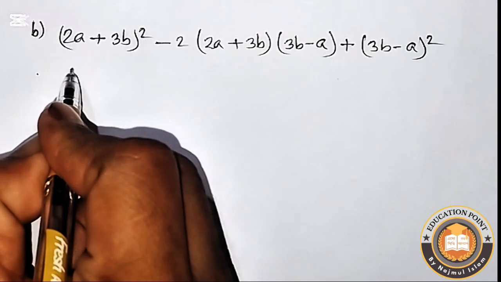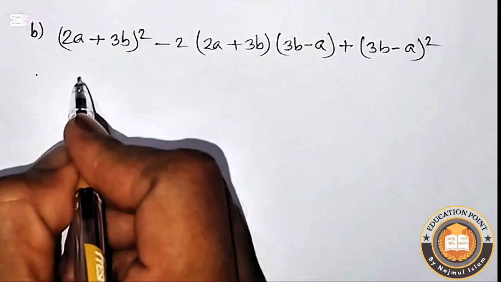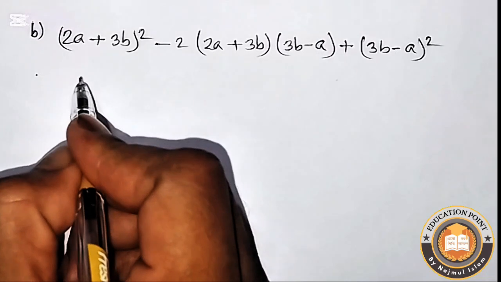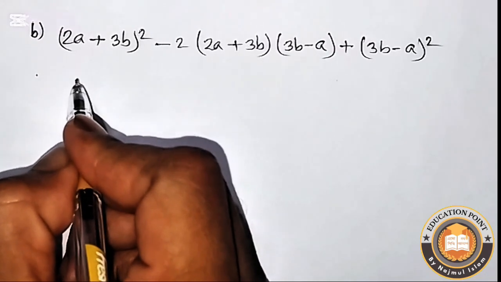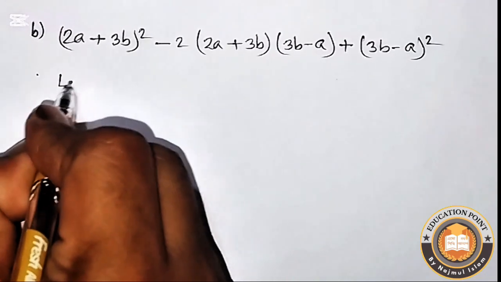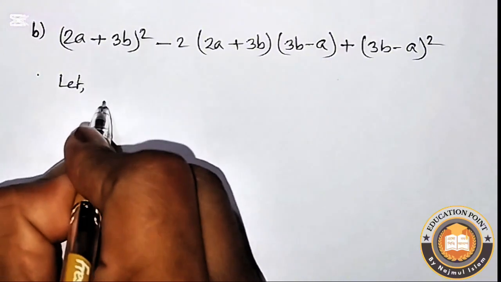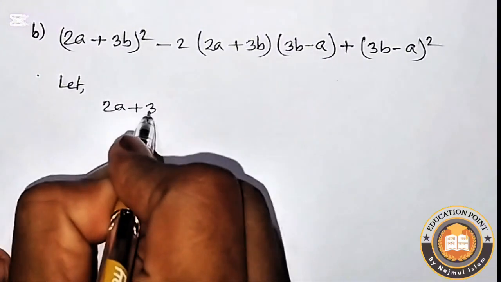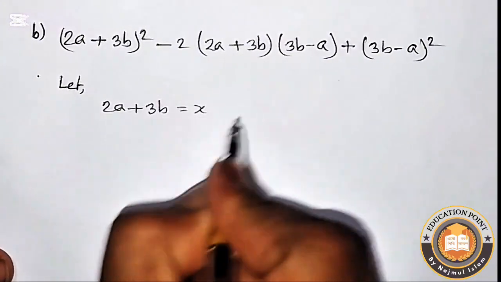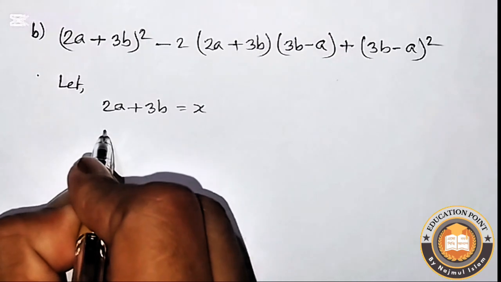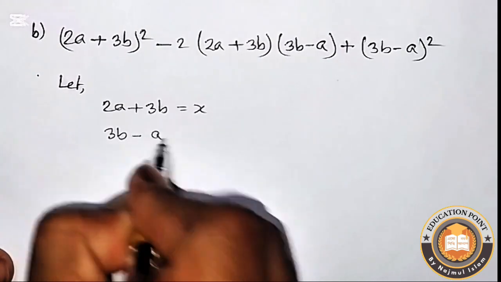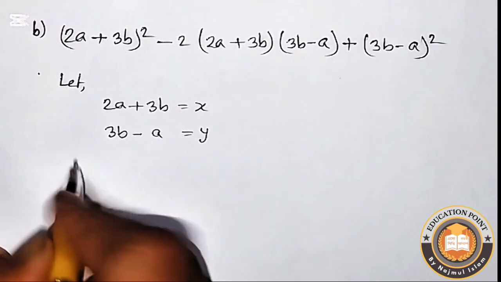Number B, (2a plus 3b) whole square minus 2 into (2a plus 3b) into (3b minus a) plus (3b minus a) whole square. Let 2a plus 3b consider as x and 3b minus a consider as y.